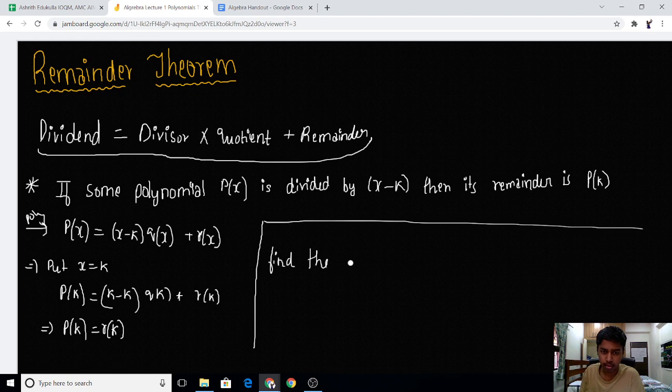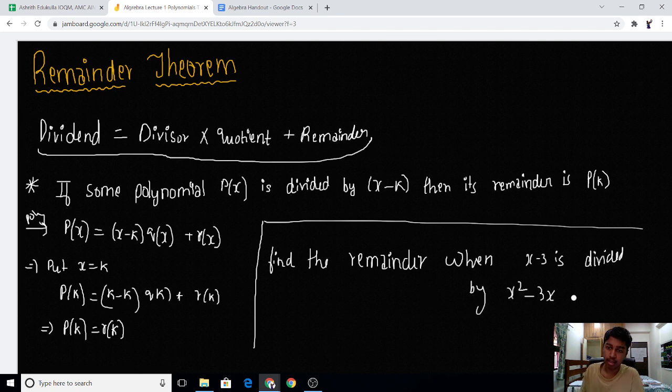Find the remainder when x square minus 3x plus 6 is divided by x minus 3.